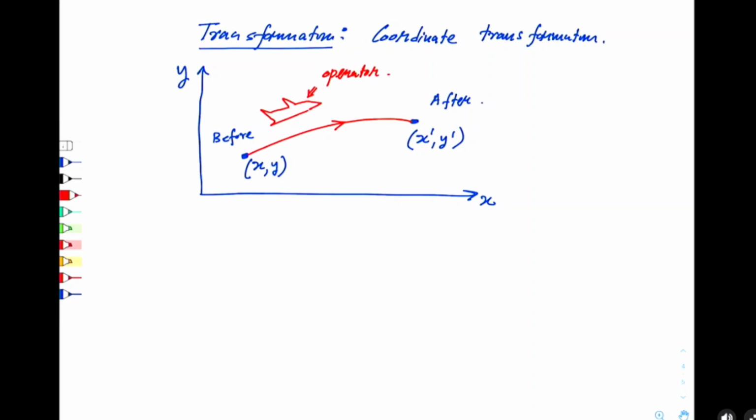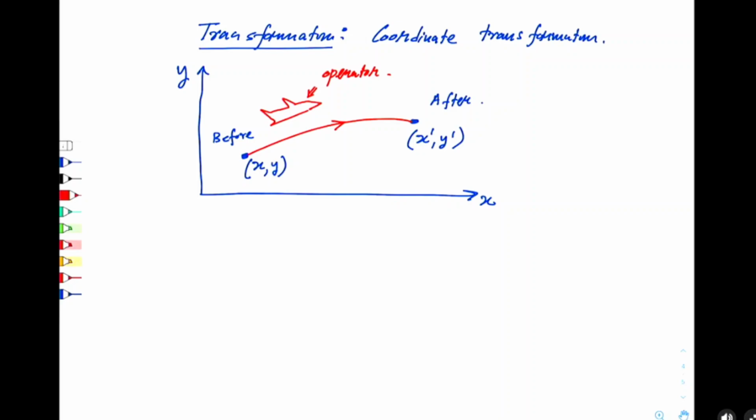If you remember, when you were doing year 9-10 math, we understood functions. A function has an independent variable and a dependent variable. A function is a machine. You give an input, you get the output. It's like a barbecue machine. You put the chicken in, you get the barbecue out. So it's an operator. We call it a function operator.